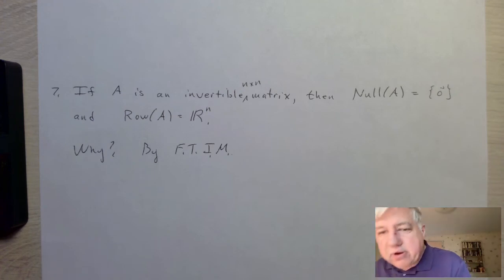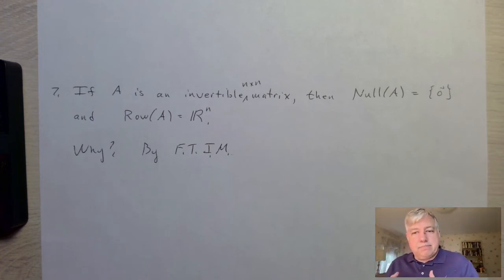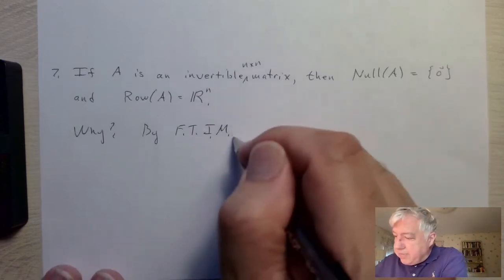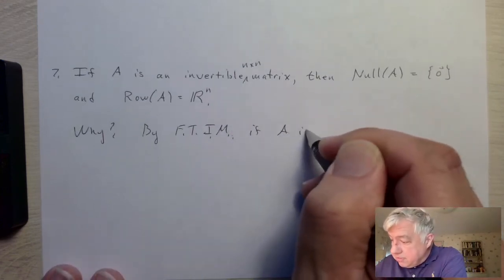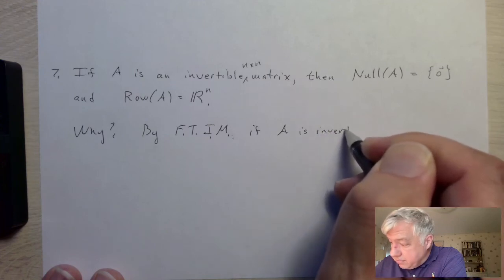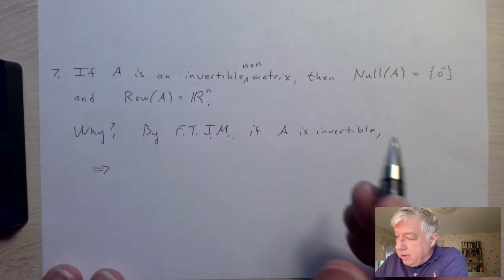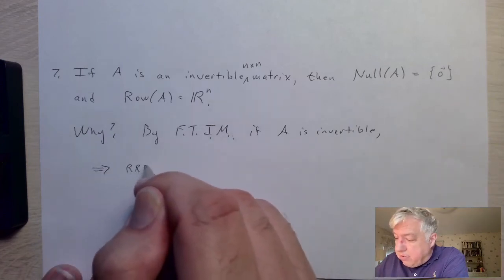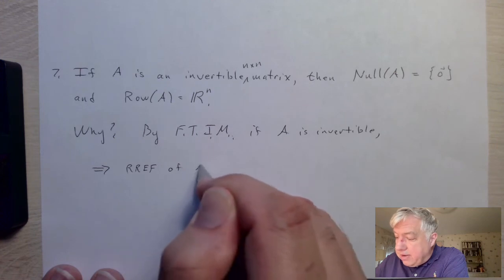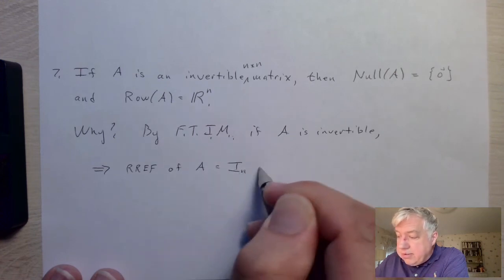One of those was that its reduced row echelon form was the identity, and also that the solution to AX equals 0 only has a trivial solution. So if A is invertible, we get first that the reduced row echelon form of A is equal to the identity.